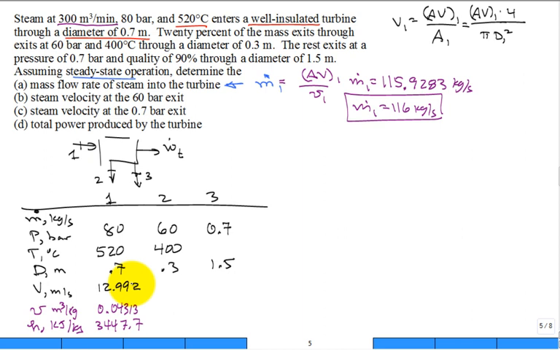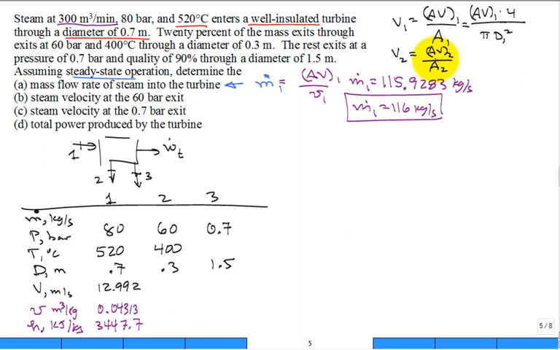Now, how do I calculate V2? Isn't that what's asked in part B? What is the steam velocity at the 60 bar exit? Well, it's a very similar equation: V2 is equal to the volumetric flow rate at 2, AV2, divided by A2.